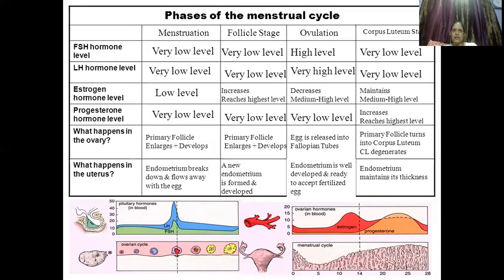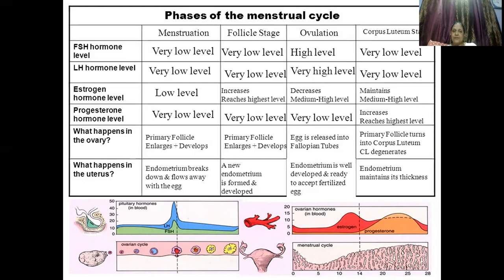In the menstrual cycle, the primary follicle enlarges and develops. Follicle stage, primary follicle enlarges and develops. Ovulation on the 14th day, the egg is released into the fallopian tubes, and the follicle turns into the corpus luteum, and it tries to degenerate.